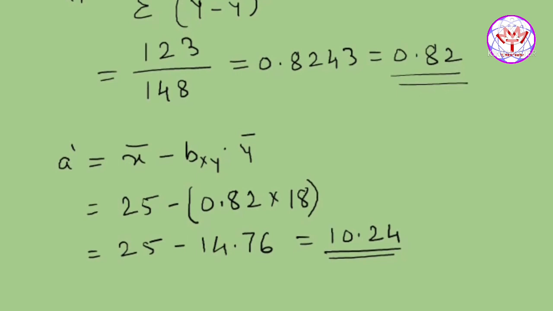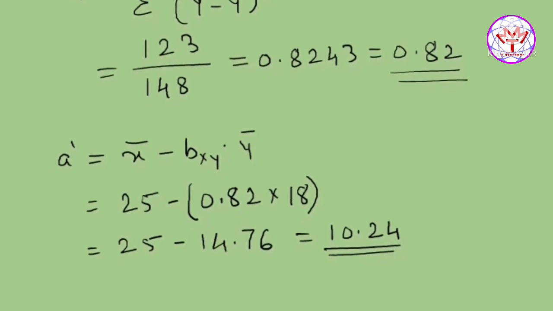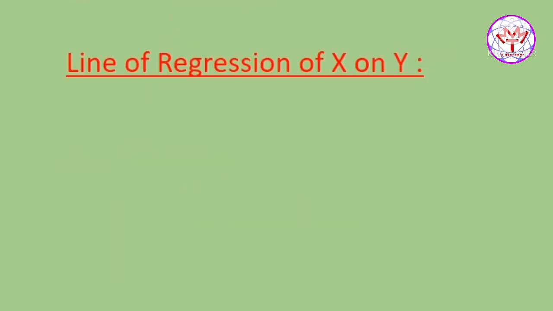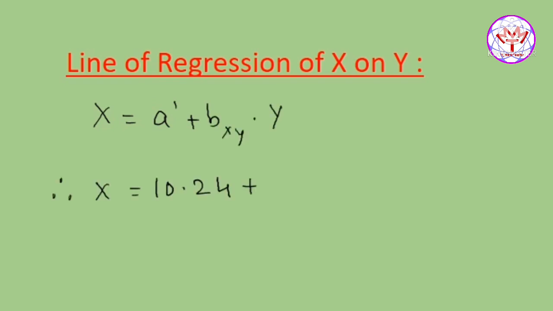So now let us substitute these values in the line of regression. So line of regression of x on y is given as x is equal to a dash plus bxy into y. So let us substitute the values of a dash and bxy.